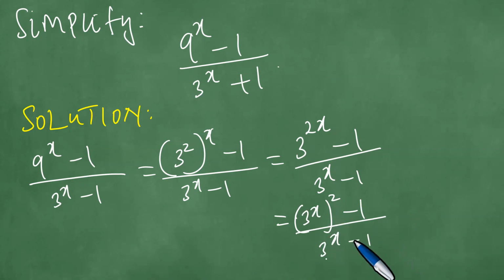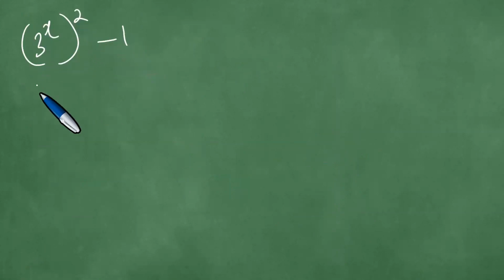Can you see this? What do we do from here? Because these two can be taken out like that. So what do we then do here?